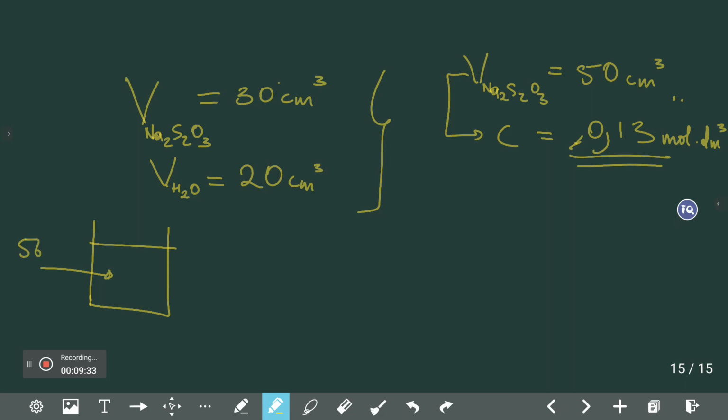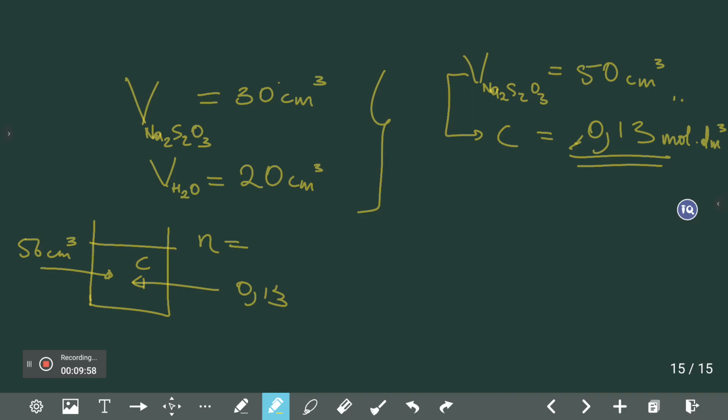From these two values, I can get the number of moles. And the number of moles is not going to change. The number of particles will never change. When we dilute, we change the concentration. You should be mindful of that. When you are diluting, the number of moles remains the same. What changes is the concentration.